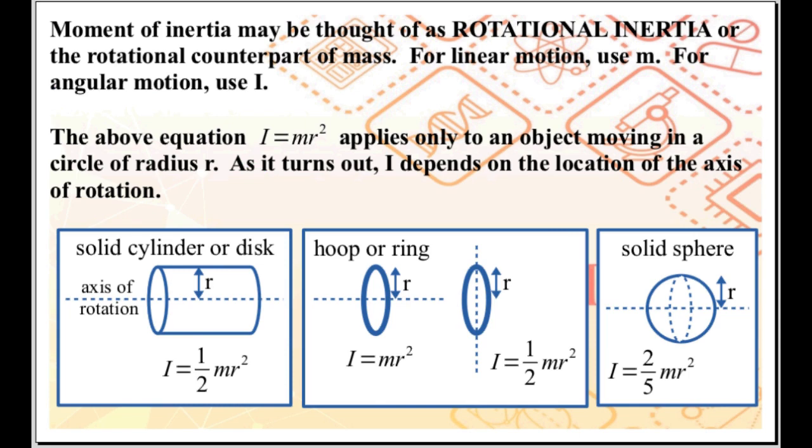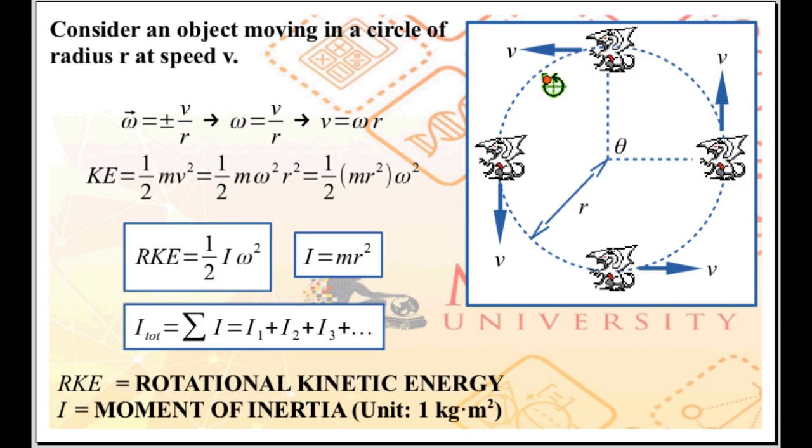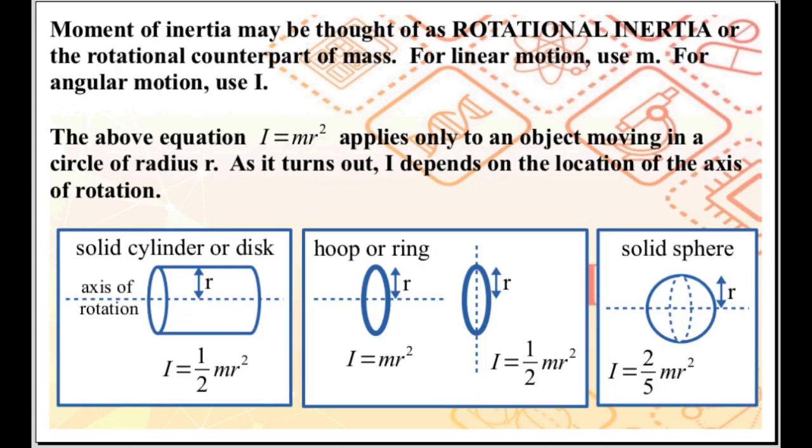For an object moving in a circle of radius r, the axis of rotation, the center of the circular motion, is far away from the object, separated by distance r. If the axis of rotation is near or touching the object, you have different equations for moment of inertia.